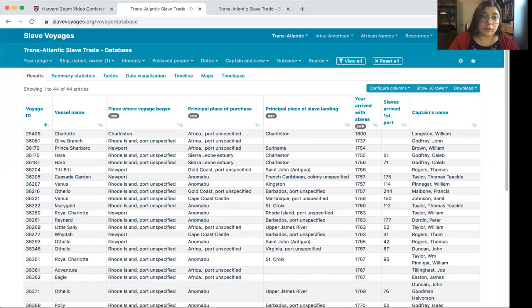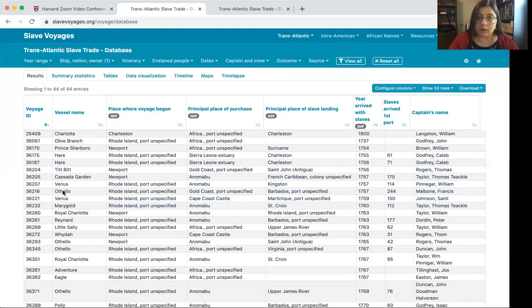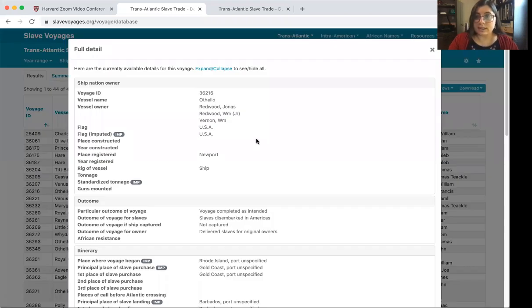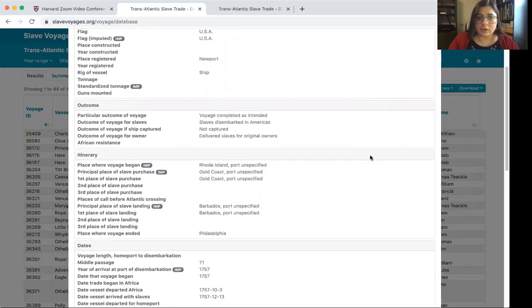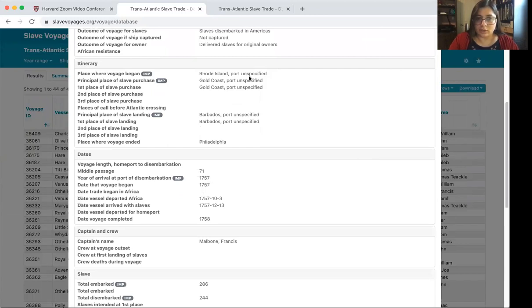And if you click on one of the voyages, like if you just click on one of these here, you'll get the expanded information. So we can see here that this vessel, Othello, was owned by three people. The Redwoods were another family in Newport, and William Vernon, one of the brothers that I was researching. You can see that this ship started in Rhode Island, went to the Gold Coast, and then sold enslaved people in Barbados before coming back to Philadelphia.